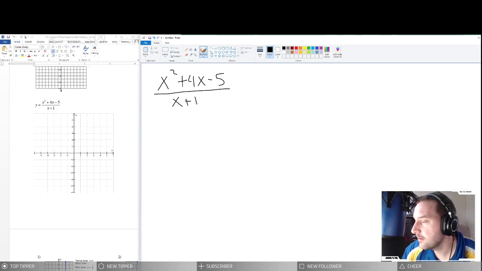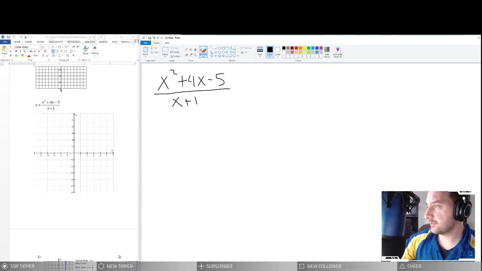For this one, a few things. Let's factor it and see what's going on. If I factor it, this will factor into x plus 5 and x minus 1, and that's all over x plus 1.